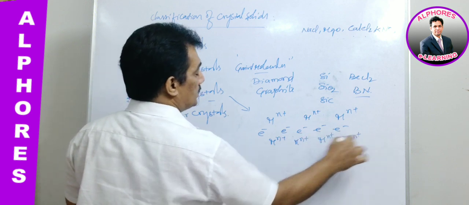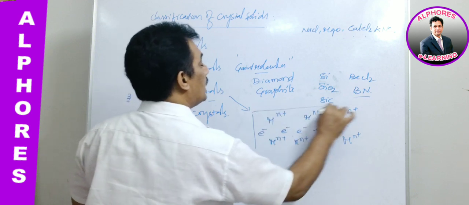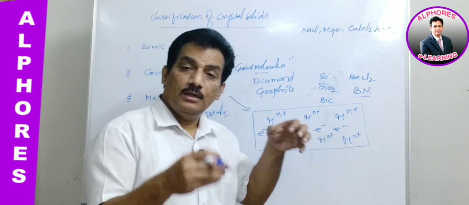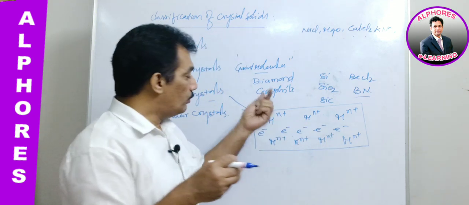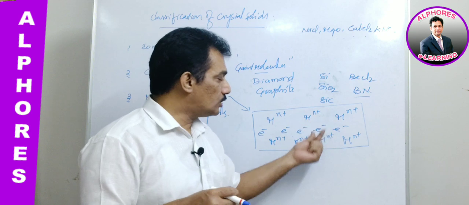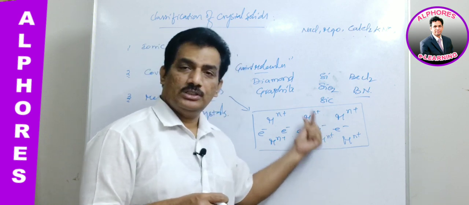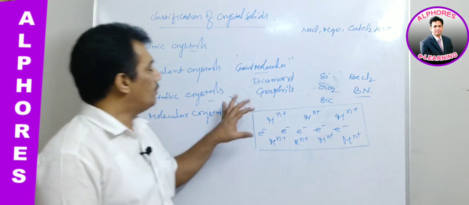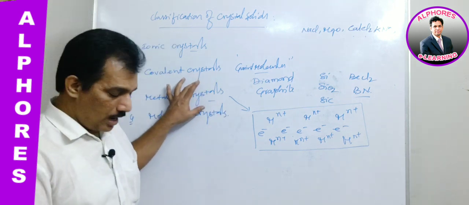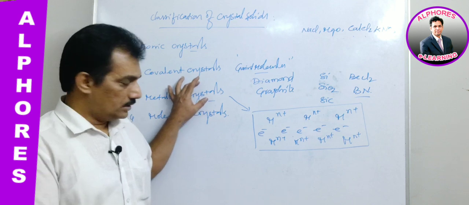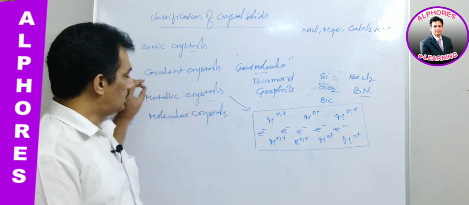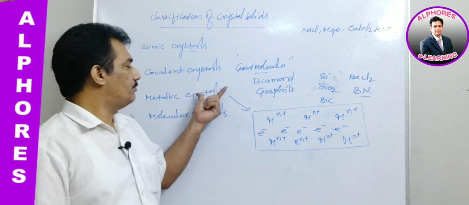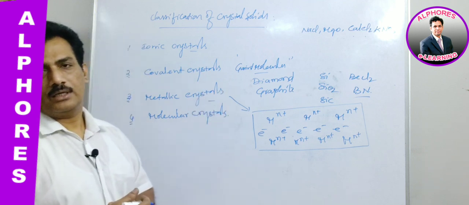So as per the electron pool theory, metal ions are present within the sea or pool of electrons, and the strong attraction among these oppositely charged species is nothing but metallic bonding. All metals are the best examples, like copper, gold, magnesium, iron, or any alloys. All these are the best examples for metallic crystals.